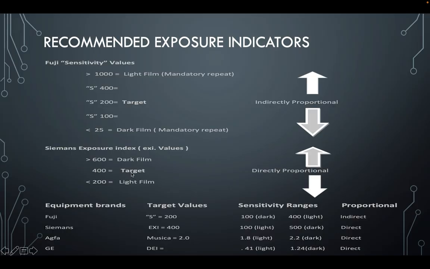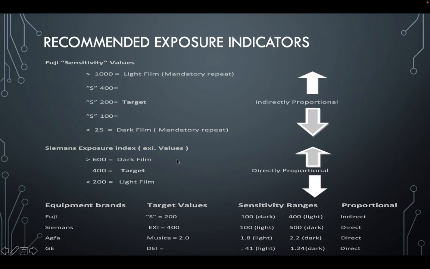This one is direct. So if for a part the target was 400, but I got a 600, I have overexposed. If I get a 200, I have underexposed. I think the target for chest x-rays is like 125, but I'm not going to tell you the wrong thing. Please just make sure that you look it up.